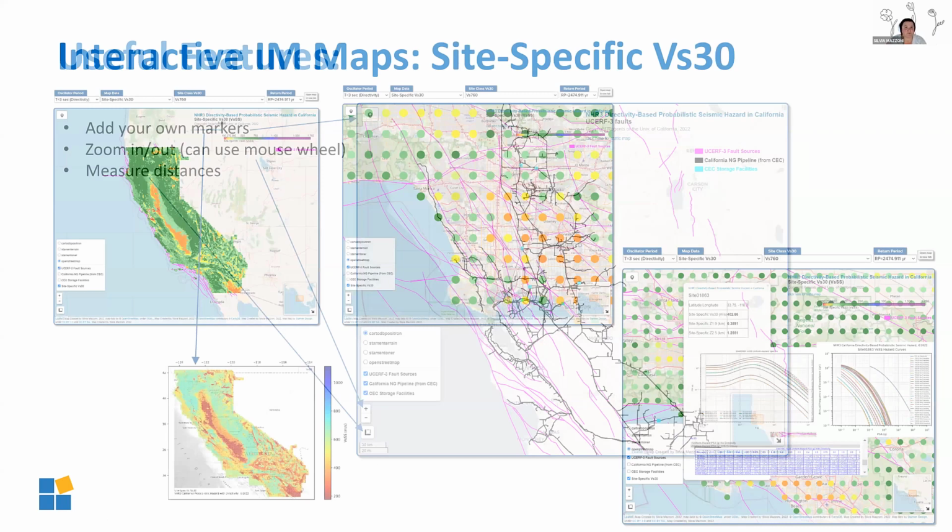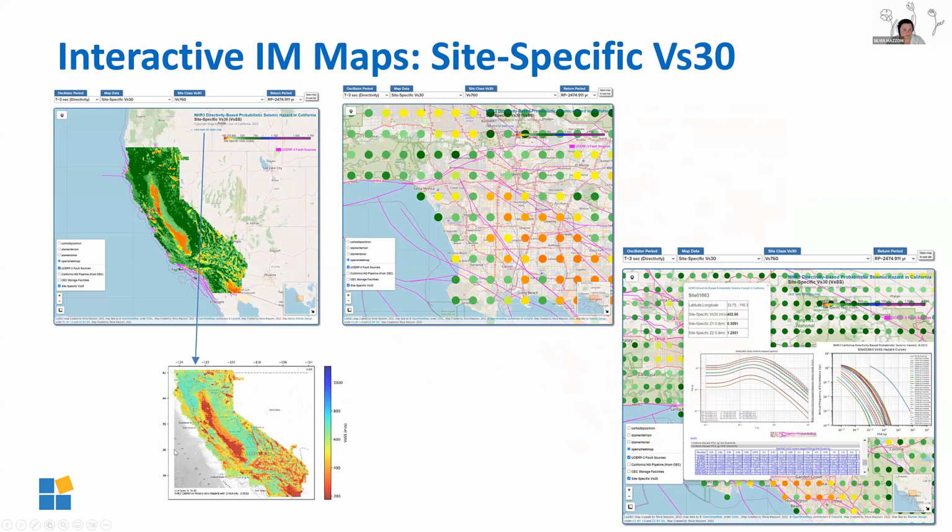So here's an example with the SiteSpecific VS30. Again, you can click here to visualize just the JPEG, but here I am zooming in. And if you zoom in, you can actually, as you hover over, and these are just screenshots, but you can actually get information about each point.